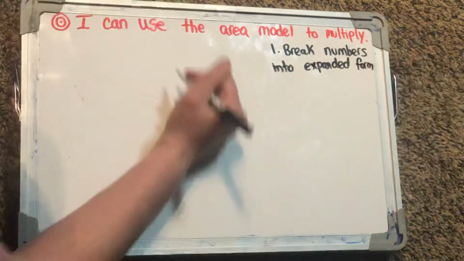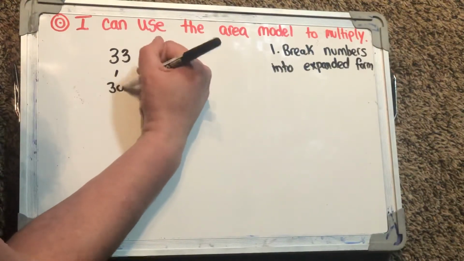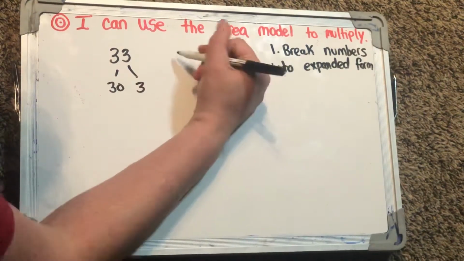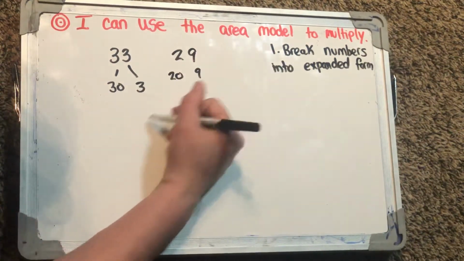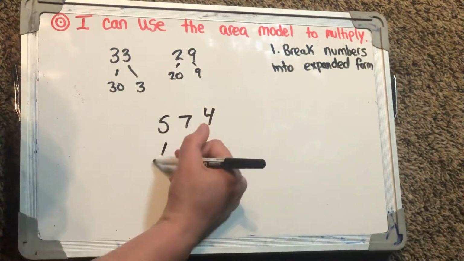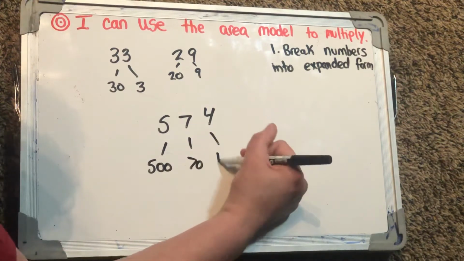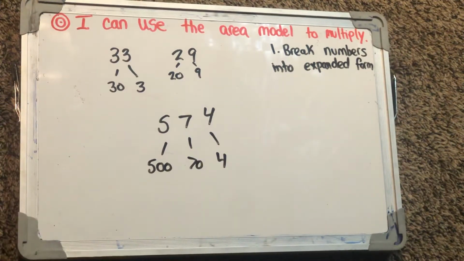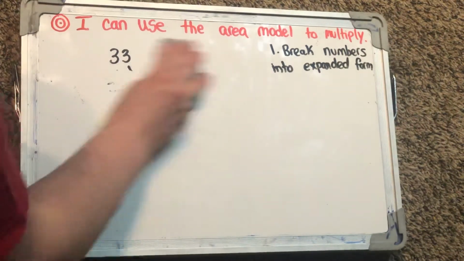Okay, that's where you tell the value of each digit. 33 is the same as 30 plus 3. 29 is the same as 20 plus 9. 574 is the same as 500 plus 70 plus 4. You're breaking your number into expanded form. You're stretching it out. That's step 1.